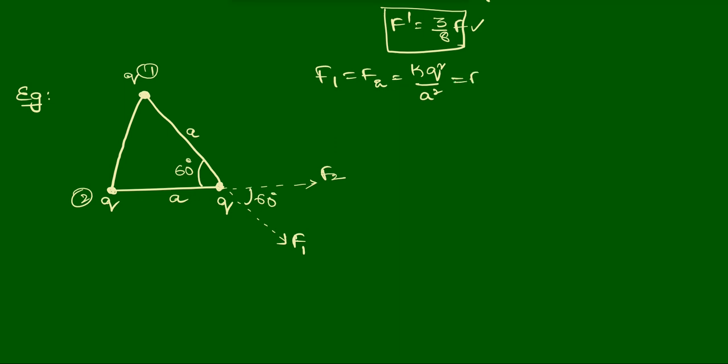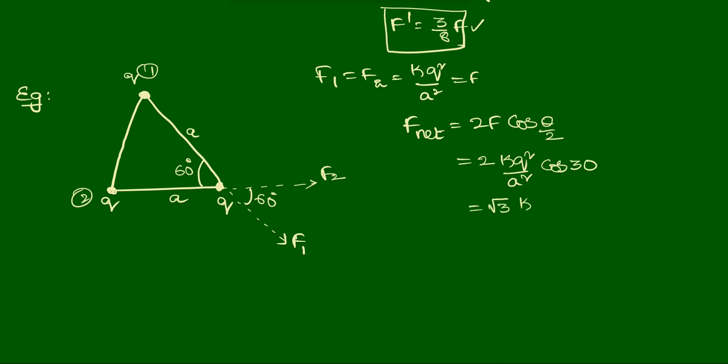As the two forces are identical, the net force, by the formula I gave, is 2F cos(θ/2), which is 2 kq²/a² × cos(60/2) = 2 kq²/a² × cos 30, which is root 3/2, so the net force is root 3 kq² by a². If they ask for direction, alpha will be equal to θ by 2, which is 60 by 2, that is 30 degrees.